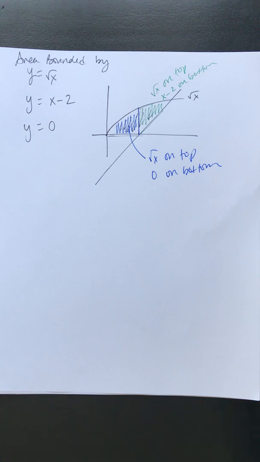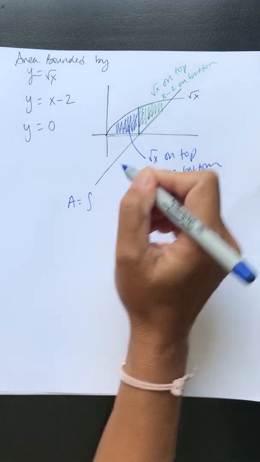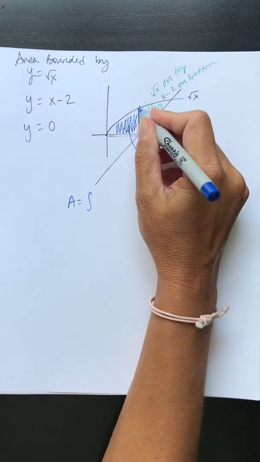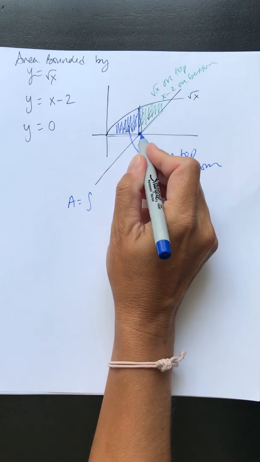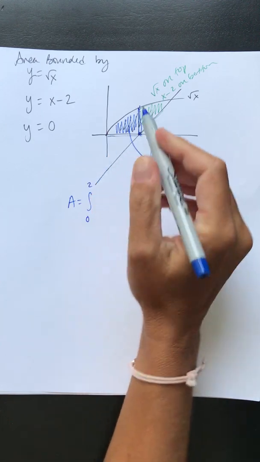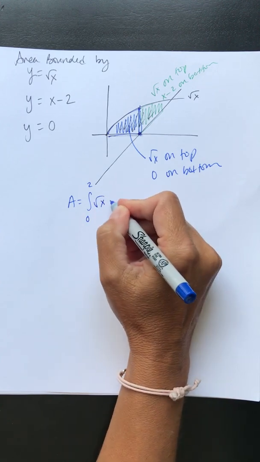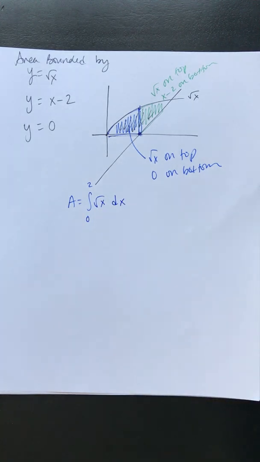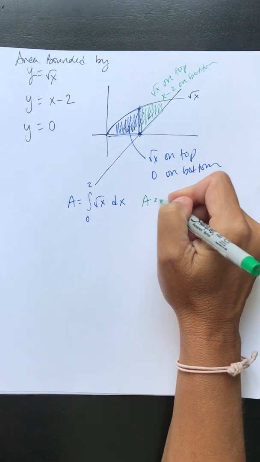So for my blue region, my area is going to be the integral. Now where is this point right here where it stops hitting? It hits at 2, 0. So I'm going to accumulate from 0 to 2 of top minus bottom, so rad x minus 0. And for the green, I'm going to integrate from 2.